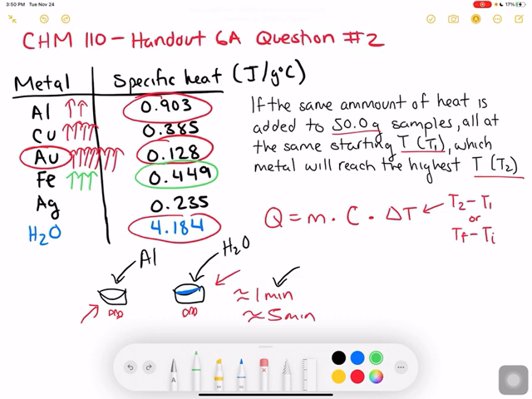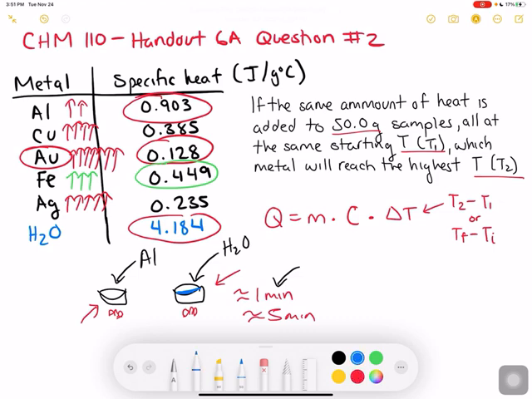Silver has a 0.235 specific heat in joules per gram per degree Celsius. So this number, I want to say, is more or less like copper, a little bit less than copper, so the temperature is going to be a little bit higher than copper, a little bit lower than gold, which is the highest one, right?